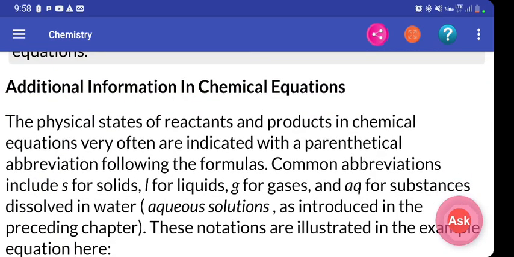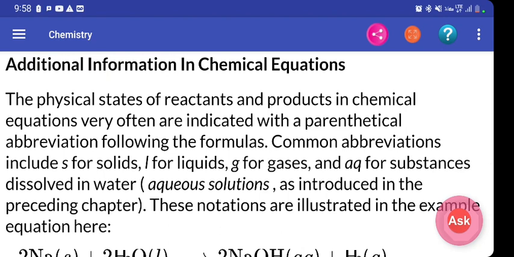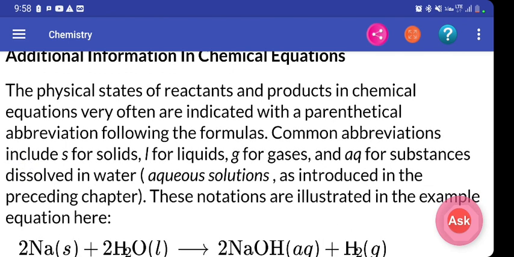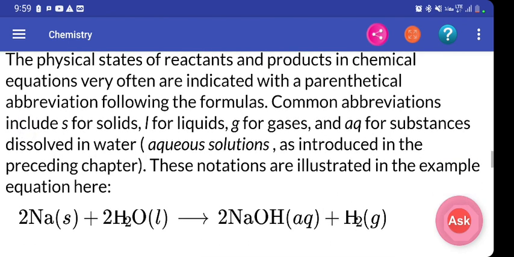Additional information in chemical equations. The physical states of reactants and products in chemical equations very often are indicated with a parenthetical abbreviation following the formulas.